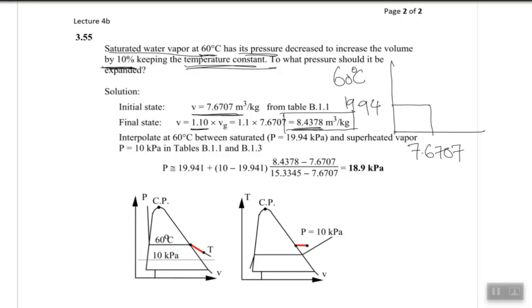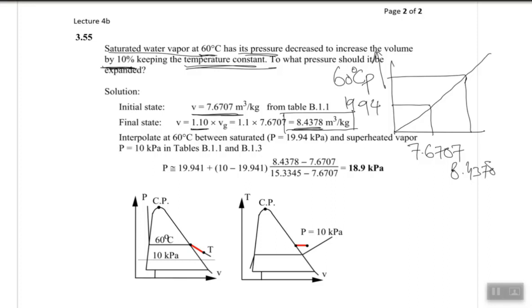The pressure is reduced, and I increase the volume. So this direction is reducing pressure and increasing volume. When the volume is increased to 8.4378, what would be the pressure, which is over here?